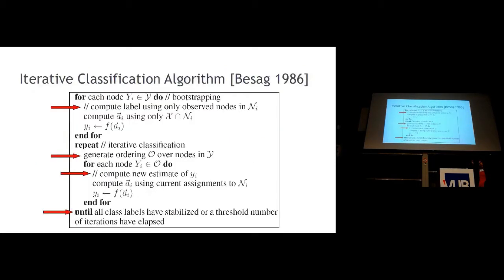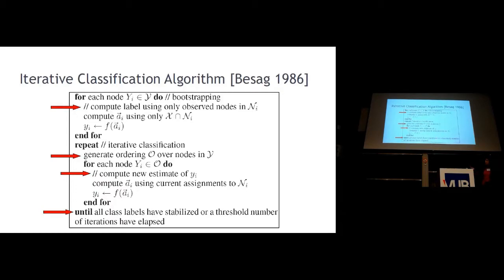So the iterative classification algorithm works like this: I'm going to start, for every node in Y, which is unlabeled, by computing a label for them based on only their observed nodes. So these would be their neighbors that have a label. Then I'm going to jump into a loop, and I'm going to repeat this loop until either I reach a threshold or my labels do not change, where I'm going to generate an ordering over my unlabeled nodes. As you can imagine, the ordering over the nodes really matters, because I'm going to propagate this.